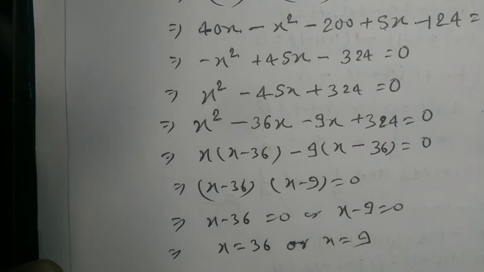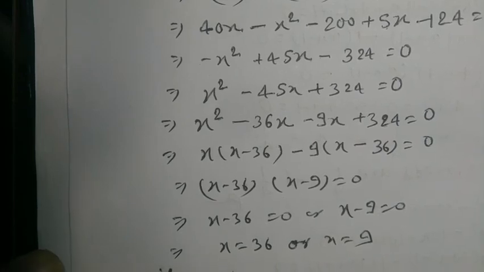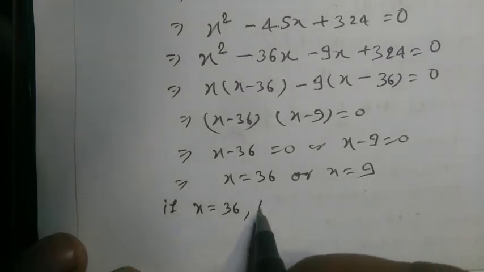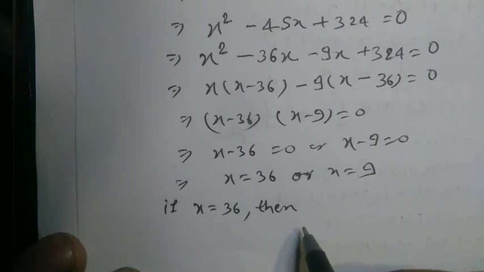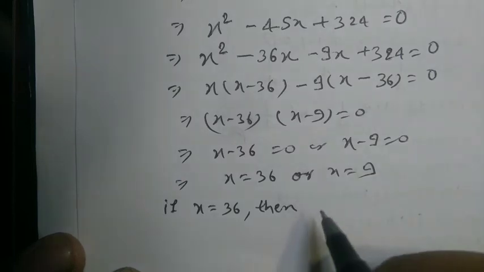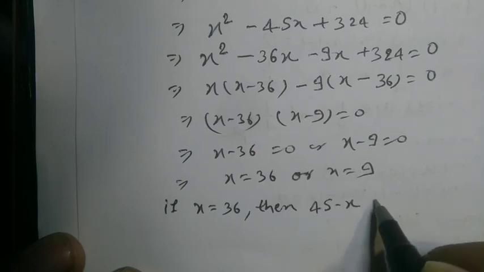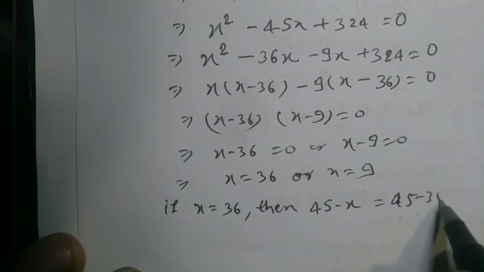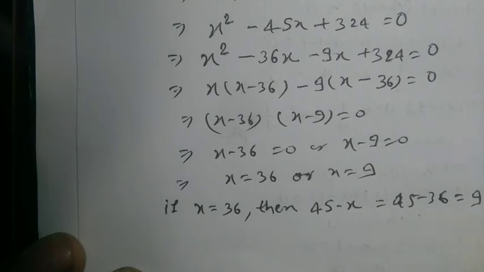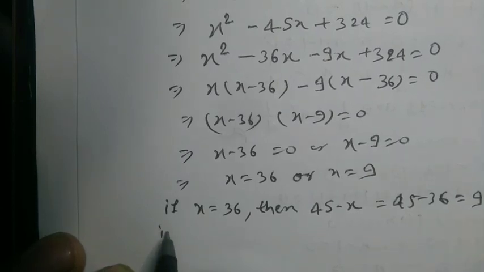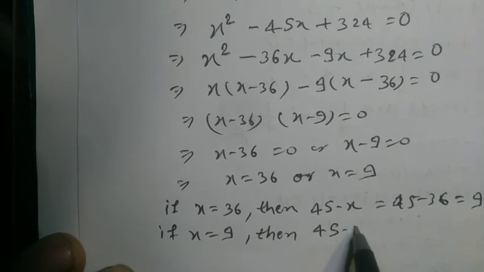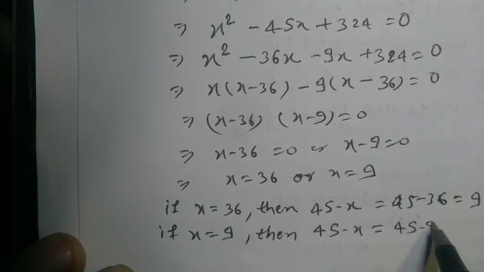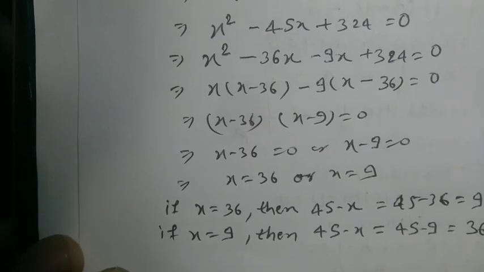Now, if x is equal to 36, then 45 minus x is equal to 45 minus 36 is equal to 9. If x is equal to 9, then 45 minus x is equal to 45 minus 9 is equal to 36.